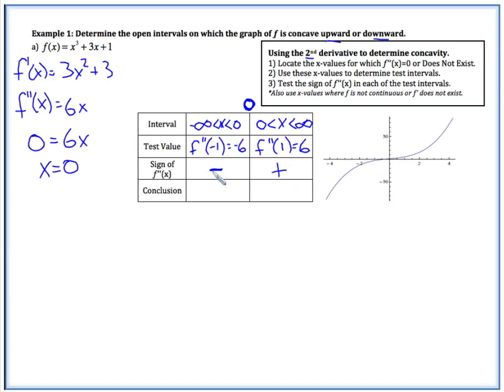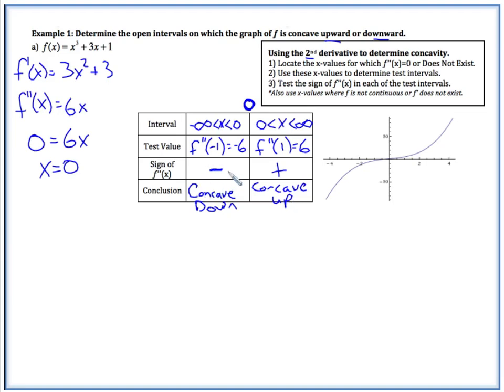So the conclusion is, if the second derivative is negative on an interval, we call this concave down. And if the second derivative is positive on an interval, we call this concave up.